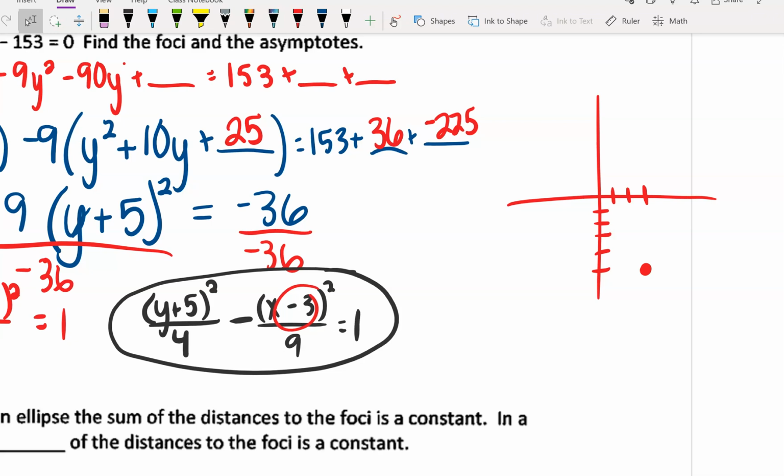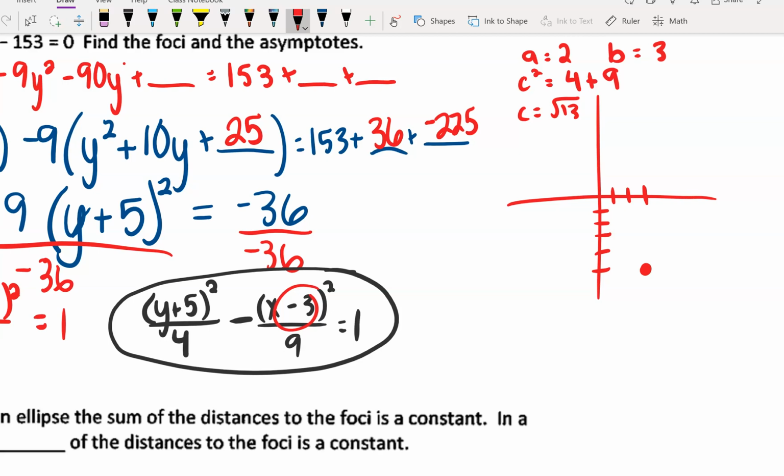So let's see. I'm trying to find the foci. So a is 2, b is 3. So the foci are going to be c squared equals 4 plus 9, which is 13. c equals root 13 is where the foci will be, but then we have to add those to the center.